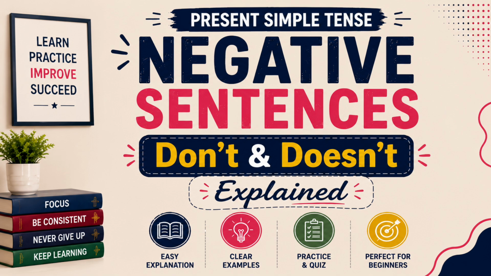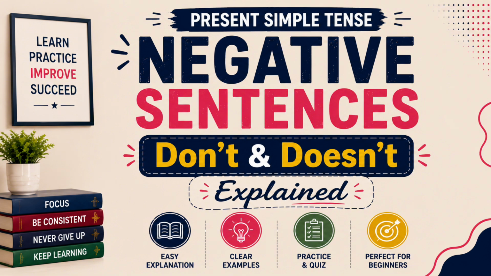In episode 1, we learned how to make basic present simple tenses using subject plus base verb plus object. For example, I play football, you read books, we study English, they drink tea.